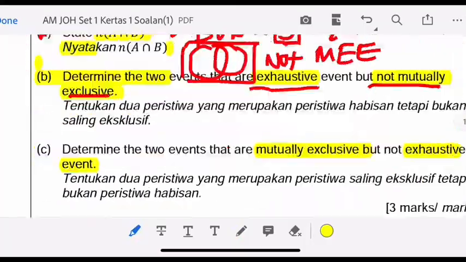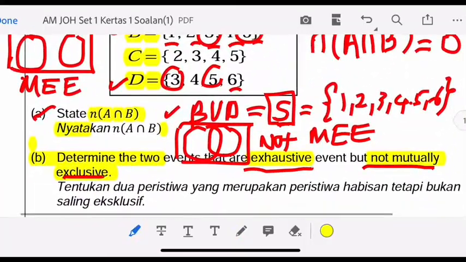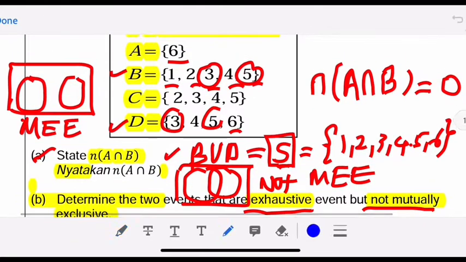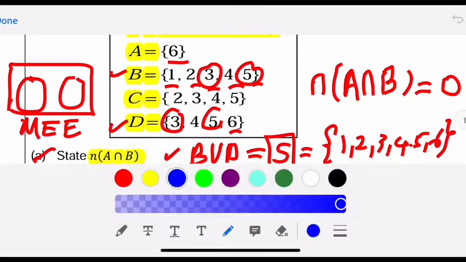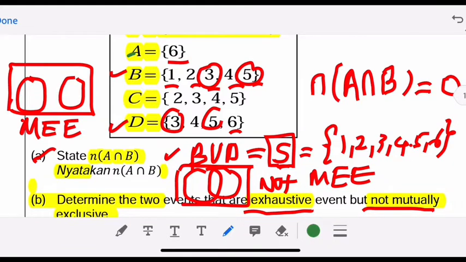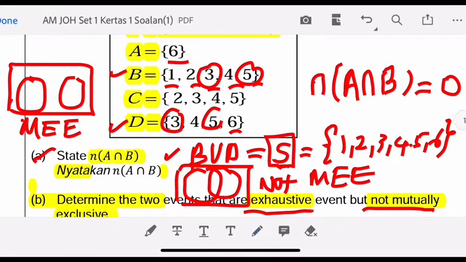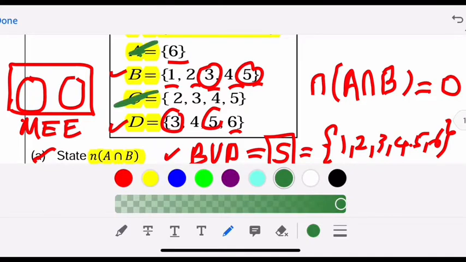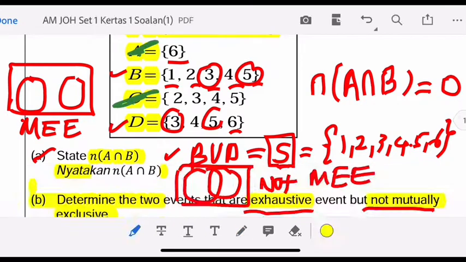Mutually exclusive means they cannot share common elements. I think we can choose A and C, because they are not intersecting, right?